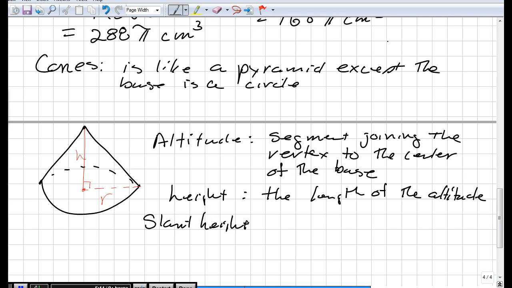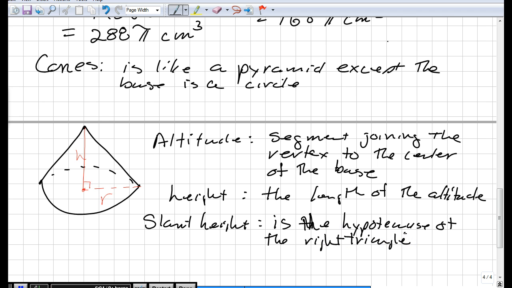And the slant height is the hypotenuse of the right triangle formed by the altitude and the radius.